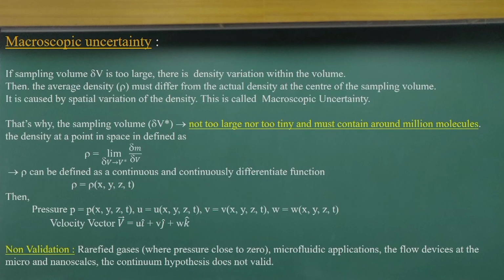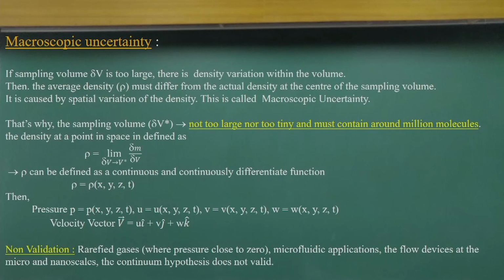That means we call it the macroscopic uncertainty, where the sampling volume is too large. If you consider this room as a sampling volume for me, in that case what will happen is that the density variations within this room will not have a constant value. So the density will vary within the sampling volume.